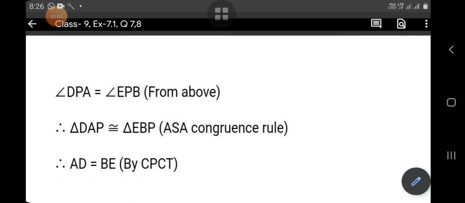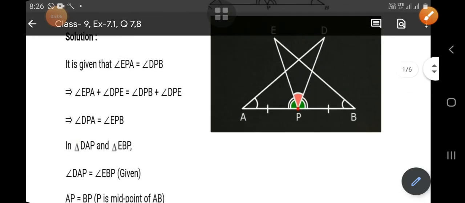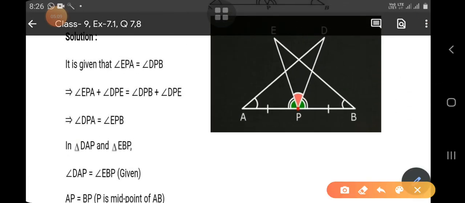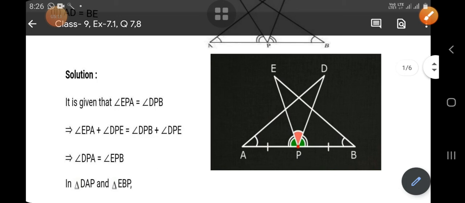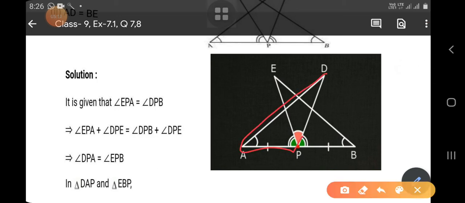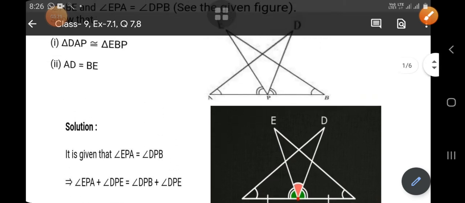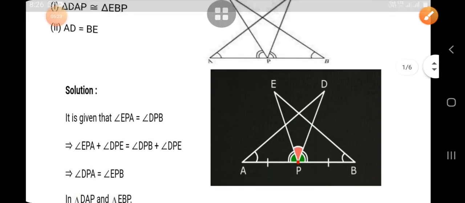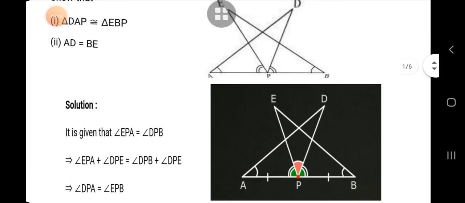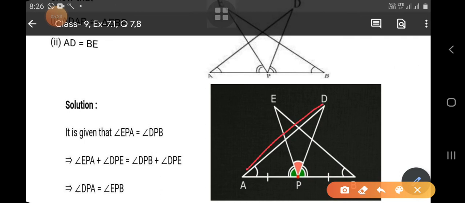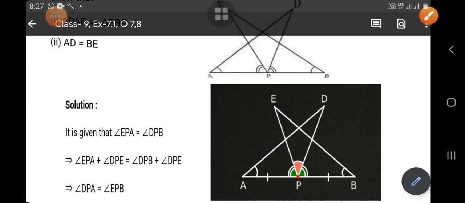Looking at the picture, this triangle is congruent with this one, so side AD is equal to BE by CPCT. Thank you. This is the proof.